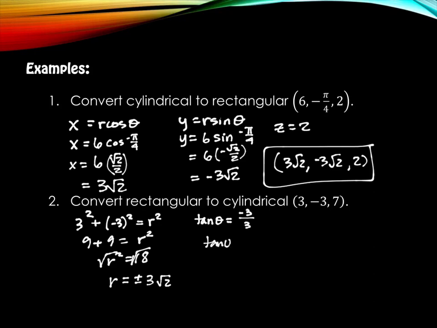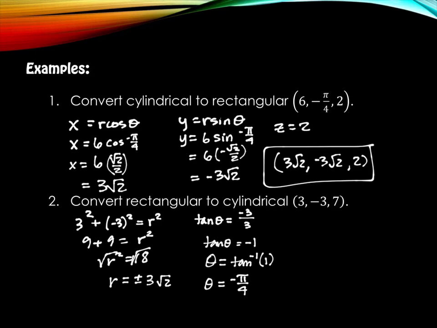So the tangent of theta is equal to negative 1. That's actually a unit circle value, but you're also welcome to do the inverse tangent if you prefer. So if you do the inverse tangent of negative 1, what do you get? Negative pi over 4.